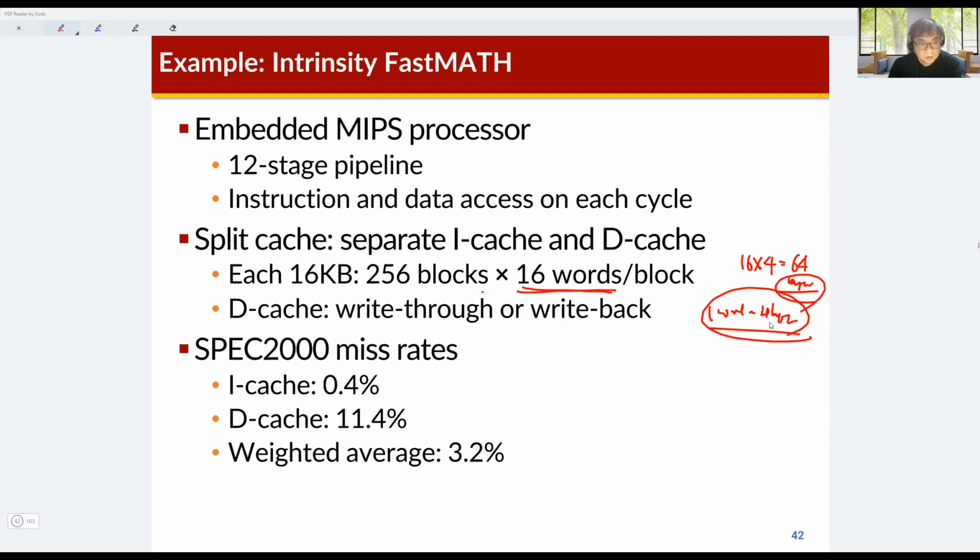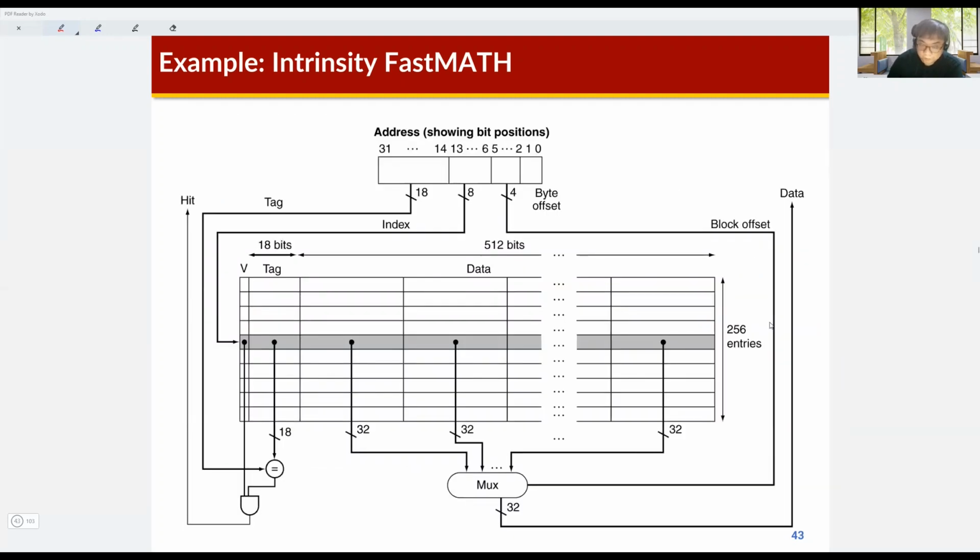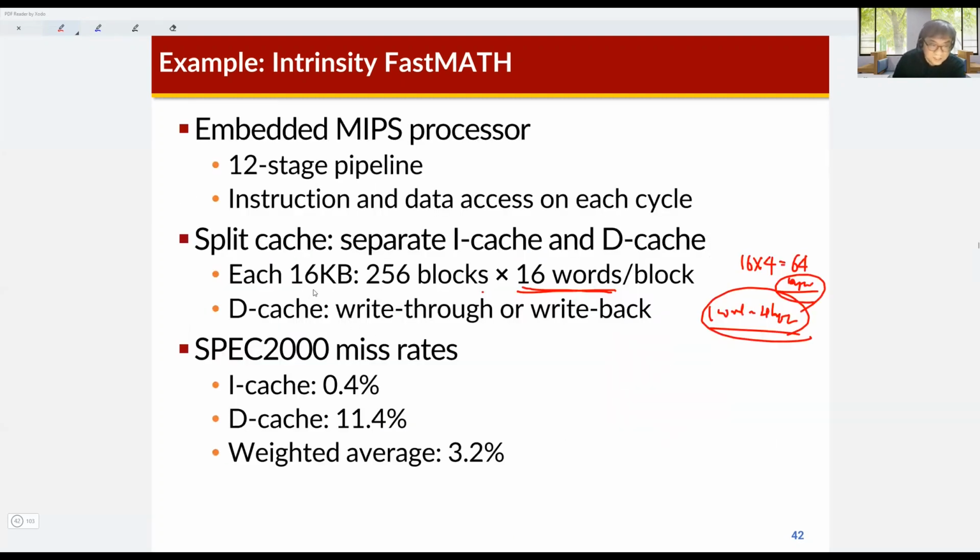So let's see how this cache is organized in this processor. The cache size is 16 kilobytes. Now, how many entries are in this cache? The number of entries is 256 blocks. Let us assume that this is a direct mapped cache. Then what is the size of the index field?